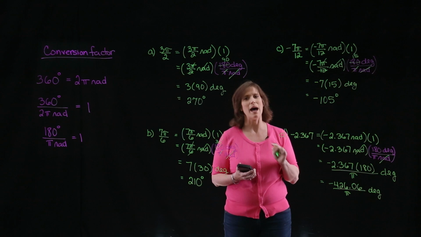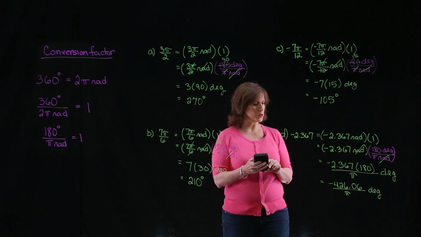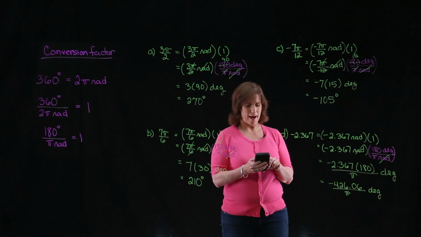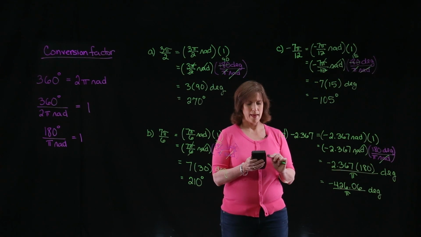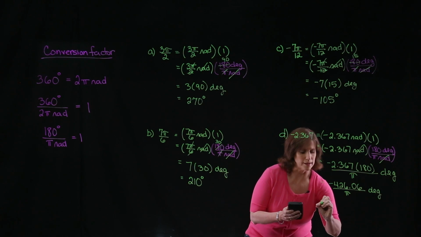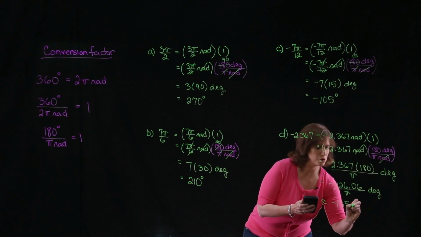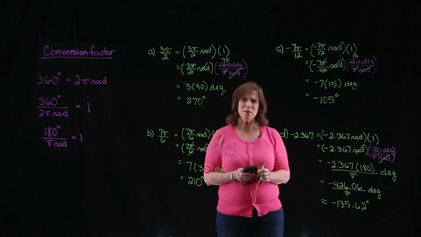And since I'm working with decimals, I'm just going to go ahead and divide by pi as well. So I'll take negative 426.06 and divide it by pi. And I get approximately negative 135.62 degrees. I hope this was helpful.